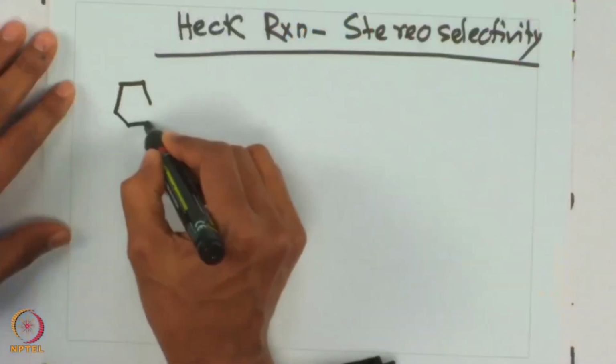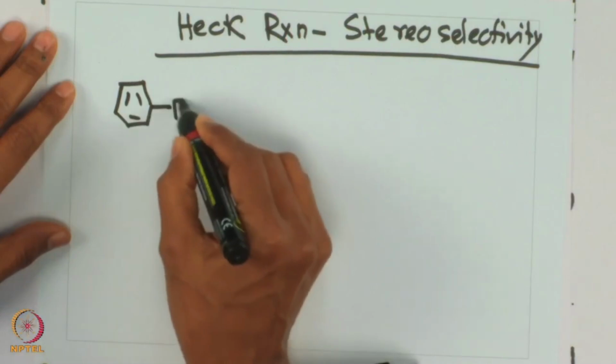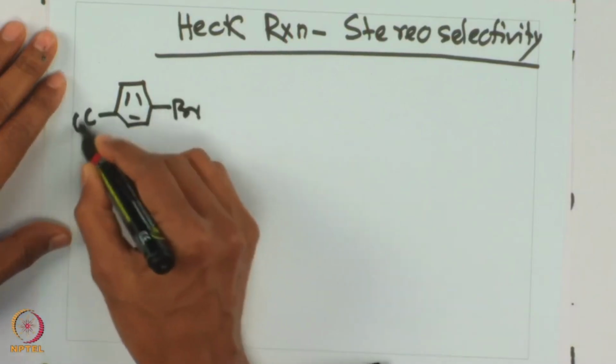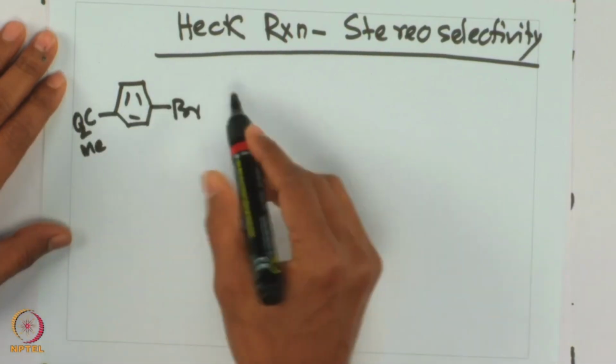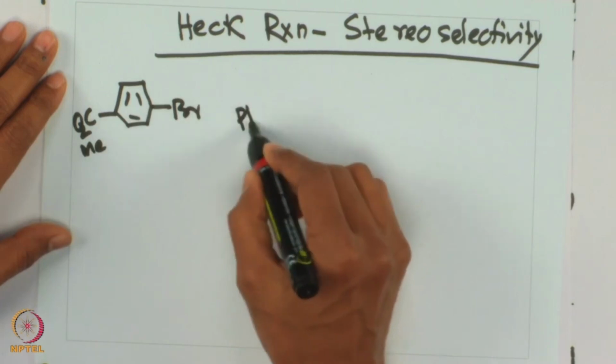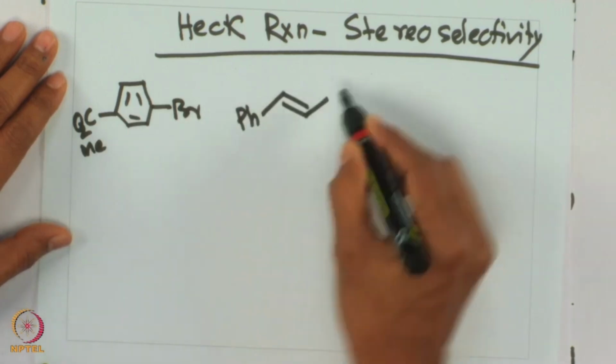Let us look at some real examples to feel the stereoselectivity during the Heck reactions. First, we will discuss aryl halide reacting with olefin. We are taking an aryl bromide along with CO2Me, an electron-withdrawing or electron-deficient olefin.